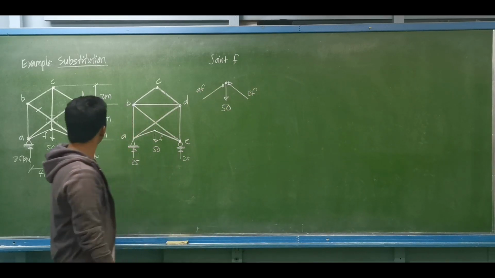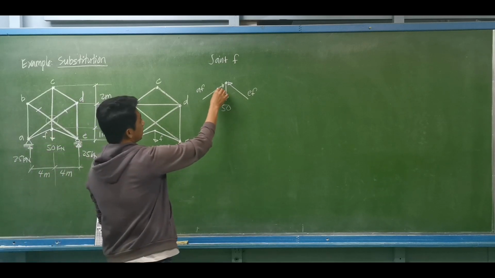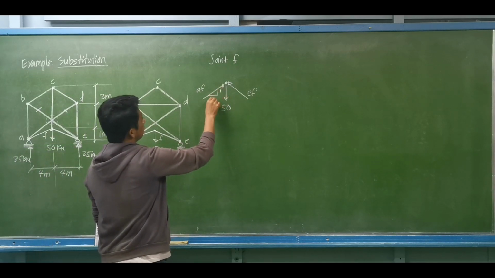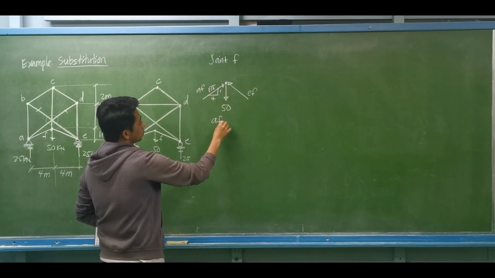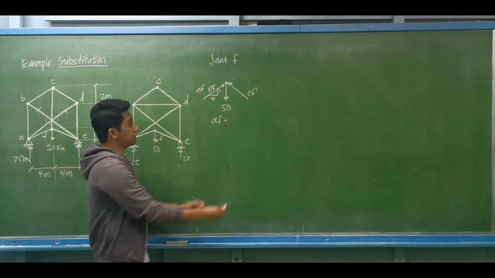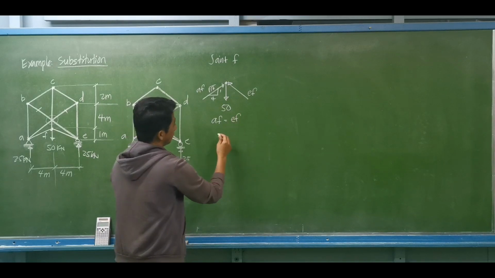The slope of members AF and EF earlier is 1, 4, and the square root of 17. Again, the magnitude of the axial force for member AF is equal to member EF.